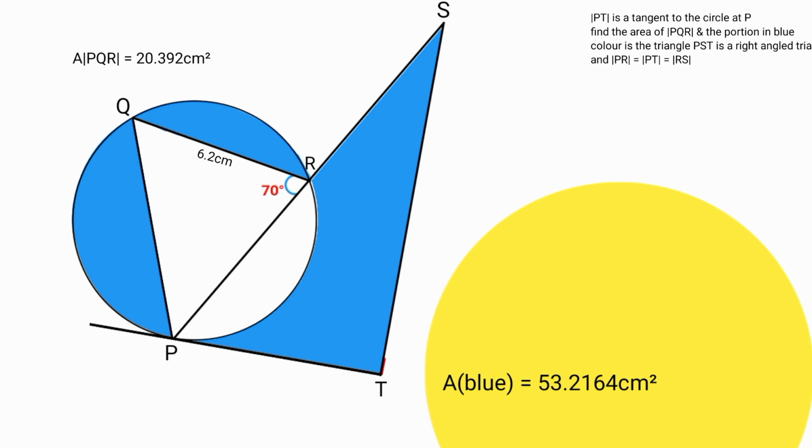So we found the total surface area of the blue colored portion to be 53.2164 centimeters squared. And here we have the area of triangle PQR to be 20.392 centimeters squared.